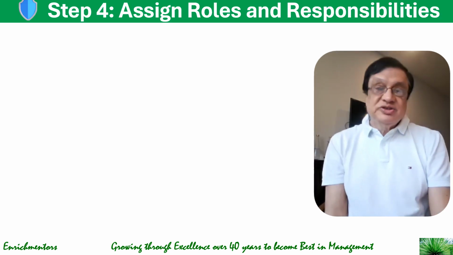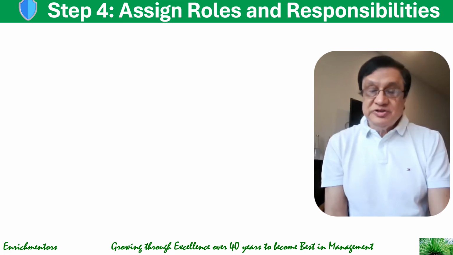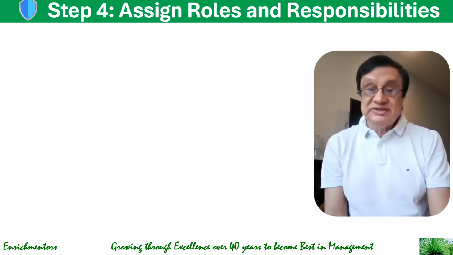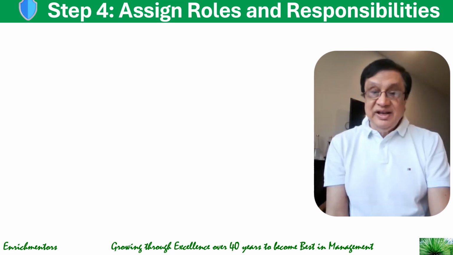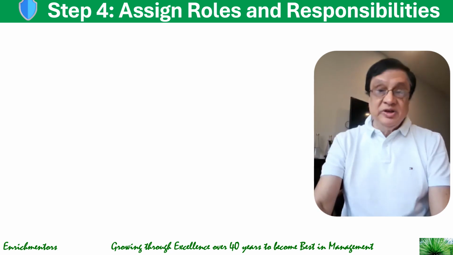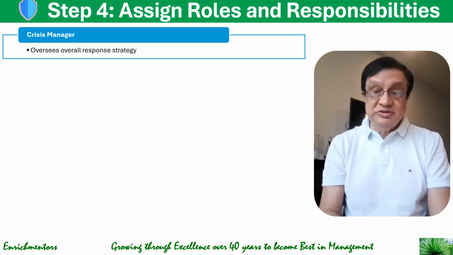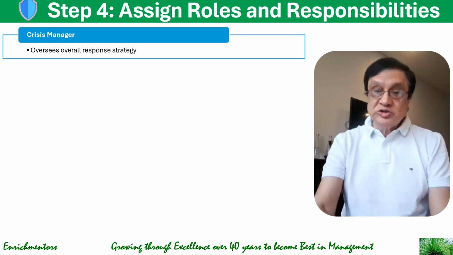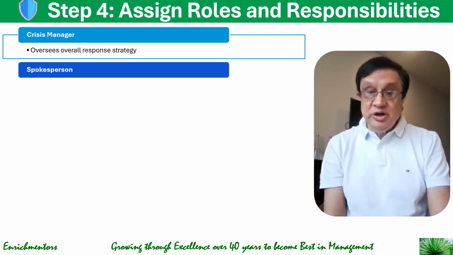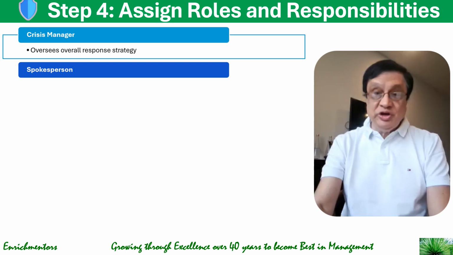The next step then is to assign roles and responsibilities, because clear role assignments prevent confusion and delays during a real crisis. And what kind of roles and responsibilities can you assign? For the crisis manager, you need to assign the responsibility of overseeing the overall response strategy, and the spokesperson would be given the responsibility of handling media and public communication.